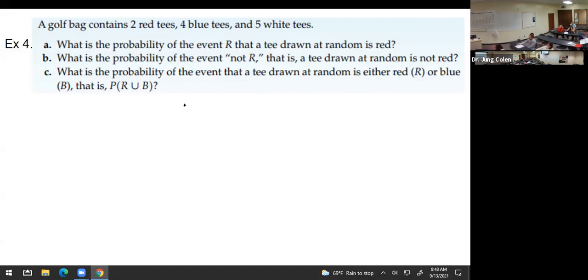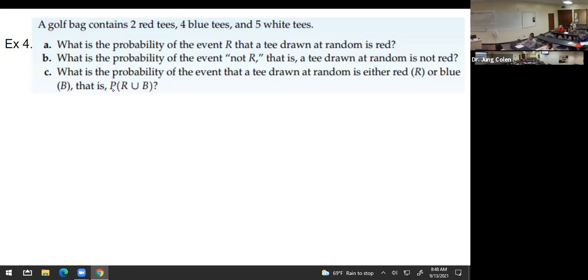When we have drawn a tea, can it be red and blue? You drew one out. Can it be red and blue at the same time? No, it should be red or blue, right? So the intersection here is 0, which means it's mutually exclusive.